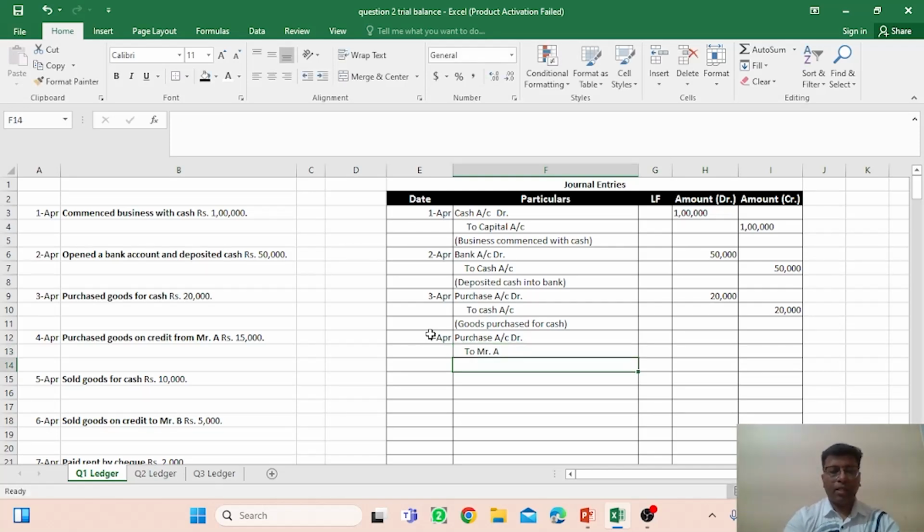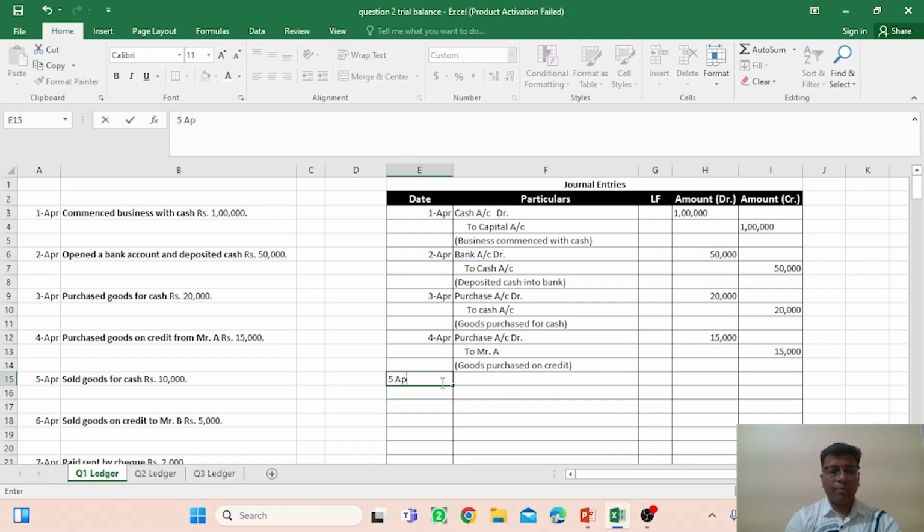So this is the credit transaction, goods purchased on credit, and the amount is rupees 15,000.